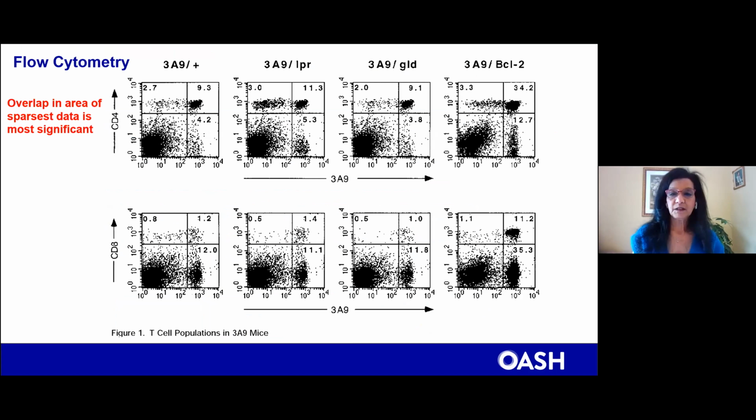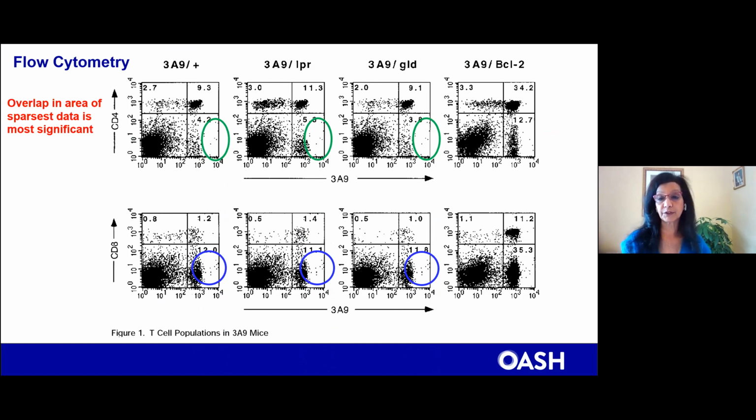Flow cytometry data. These are graphs that are generated by the equipment. This is a very difficult data set to identify and to prove, because respondents bring a lot of technological explanations. However, through our own experience and working with flow cytometry experts, we came to know that overlap in areas of sparse data is the most significant indicator of those being copies of each other.